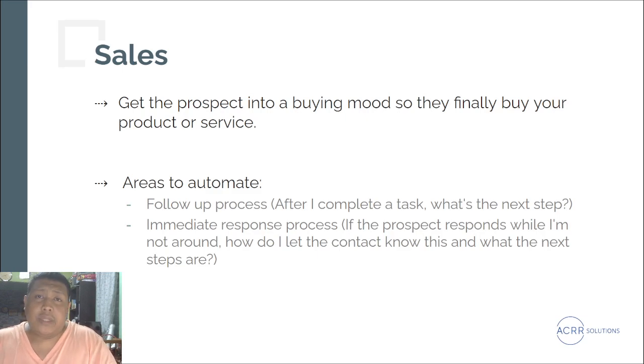I would often tell them that in the area of sales, the best places to automate are really the follow-up tasks. But in terms of your communication, I would rather that you communicate with them directly, because remember that the goal in the area of sales is to get the prospect into a buying mood so that they buy your product or service.